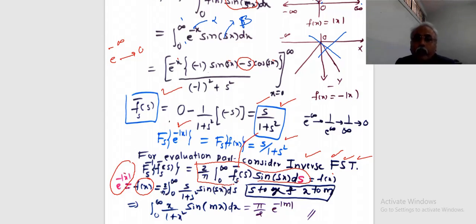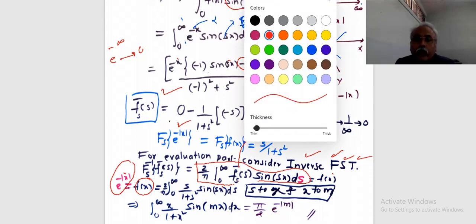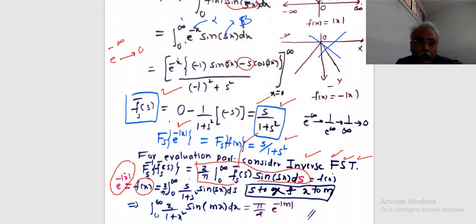Simultaneously, wherever s is there, you make it x. So x by 1 plus x square. So this becomes x, this has become m dx. So only two changes now. X has become m, and wherever s is there, you convert it to x, so that we get the desired result.